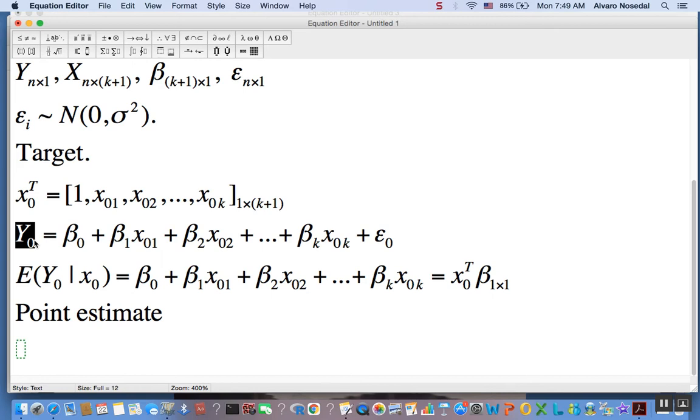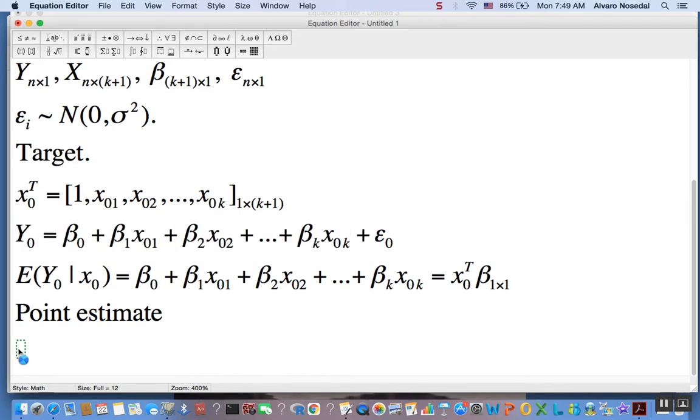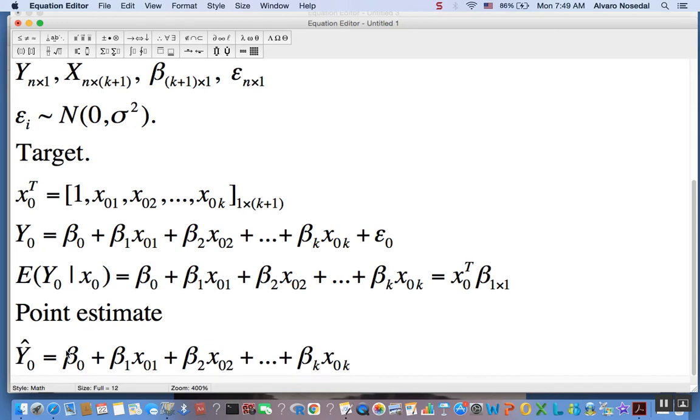It makes sense that y hat 0 is going to look something like this. Well, we just substitute these betas by estimates of those quantities, of those parameters. Make sense?